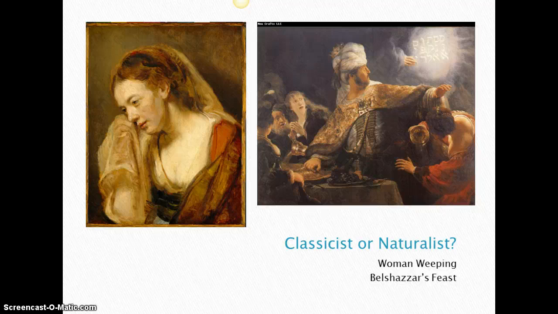Okay, notice his use of color, notice his use of detail. These are both from Rembrandt and both very different depictions of the human figure. Notice the first one is Woman Weeping, and the next one is Belshazzar's Feast. I have such a hard time saying that.